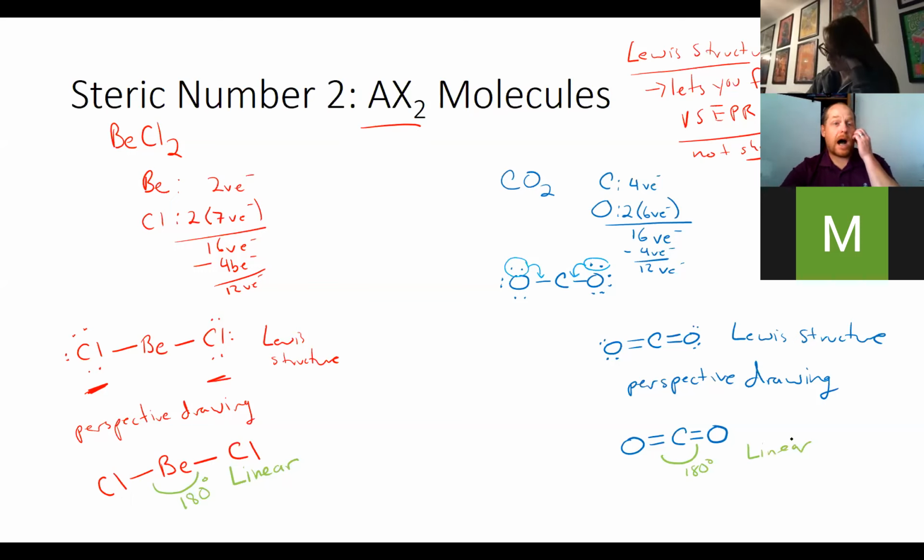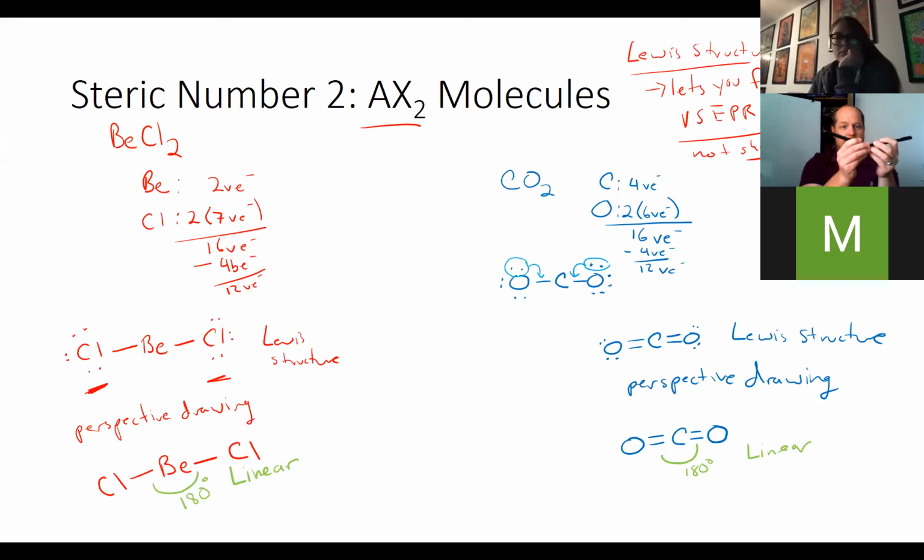Now, the reason why these are going to be 180 degrees is, well, what you have in the bond is shared pairs of electrons. But in particular, what you're seeing is pairs of electrons that repel each other. But those pairs of electrons are still connected to a central point. So how do things get as far away from each other as possible if they're connected to a central point?